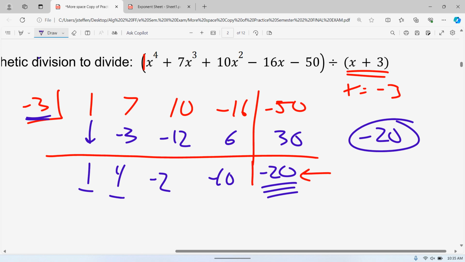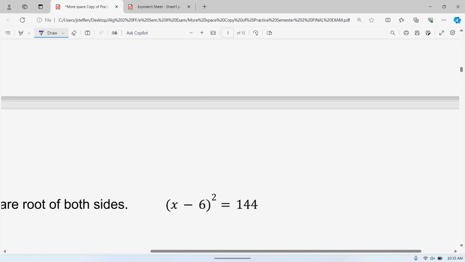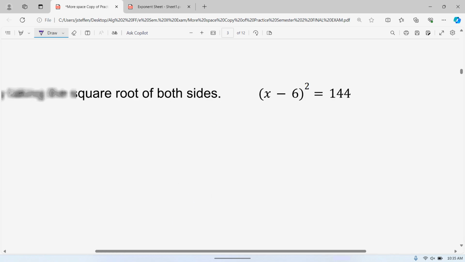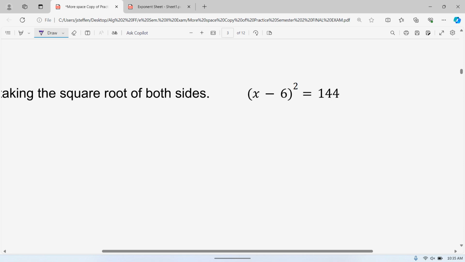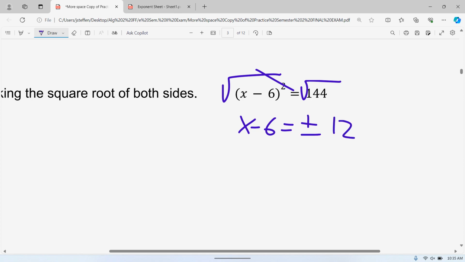So that's the Chapter 7 review. Now let's move on to the Chapter 8 review. Solve for x by taking the square root of both sides. The tricky one with this is we can't do anything inside the parentheses until we cancel that square, so take the square root of both sides. That cancels, we just have x, but remember it's plus or minus 12. I'm going to split it up.